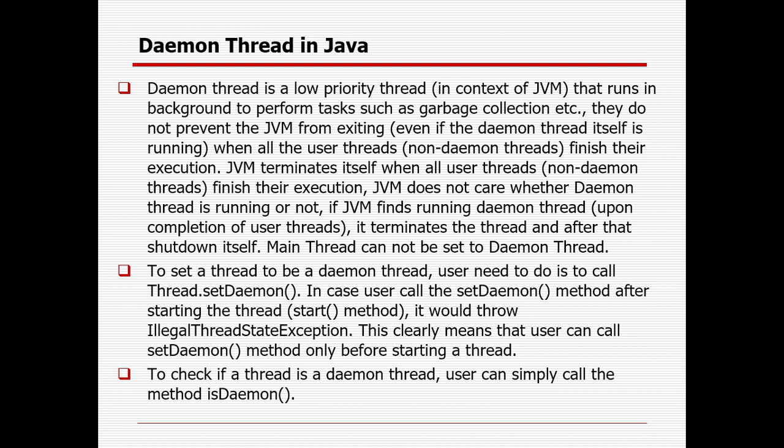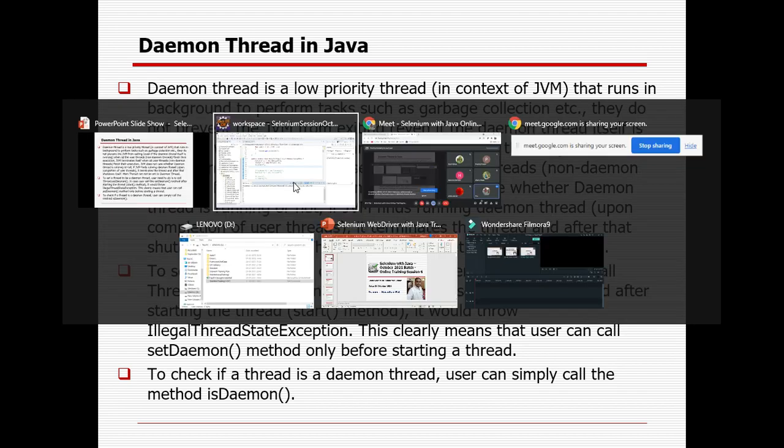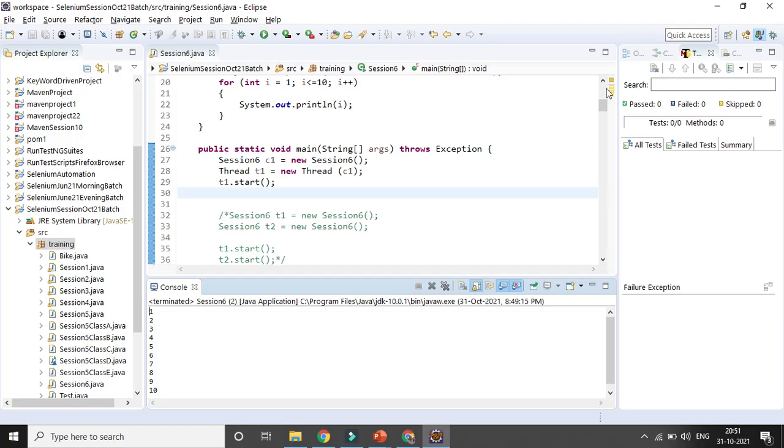Okay, let's try to do it here. Instead of the for loop, I will be using something to check the daemon thread. In the run method itself, I will be using an if condition to check whether the thread is a daemon thread or not.